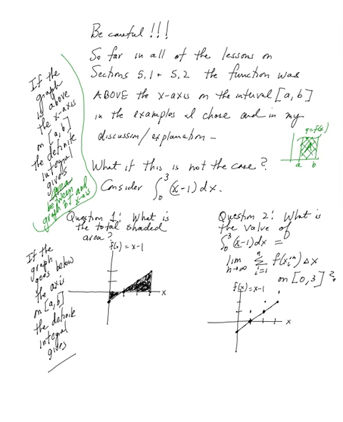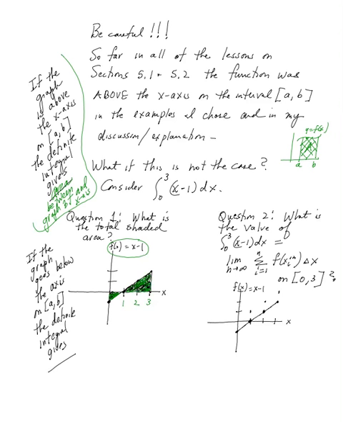Okay? Now, there are two questions that we could ask. We could ask, what is the total shaded area? Do you see the total shaded area here? Notice I've graphed f of x equals x minus 1 on the interval 0 to 3, and I have shaded some area.